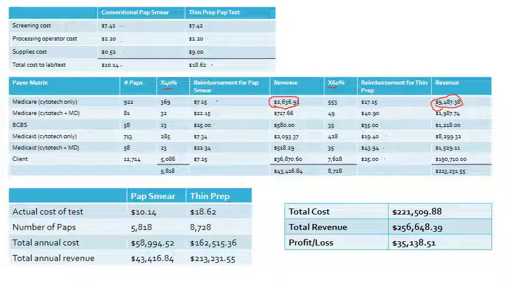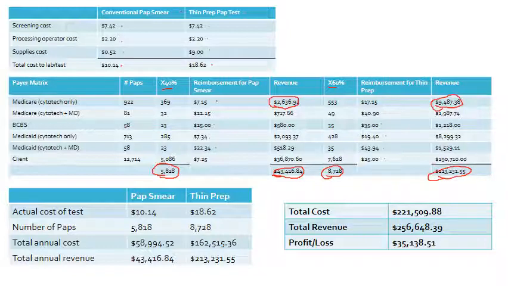And then you add them up and you get a total number of conventional Pap smears expected, a total number of ThinPreps expected, and then that's related to the amount of revenue from the conventional that you expect to draw and the amount of revenue for the ThinPrep that you expect to draw.